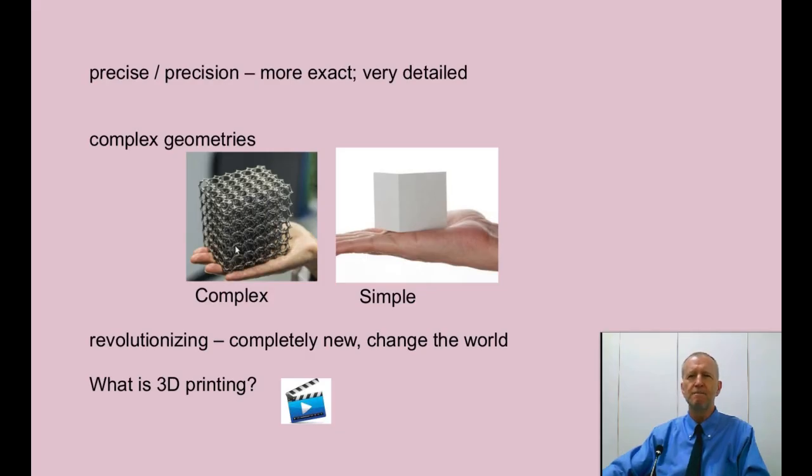It's really probably hard to see on this video, but it's really made up of interlocking pieces, almost like some sort of welded chain links all put together. And that makes it complex.